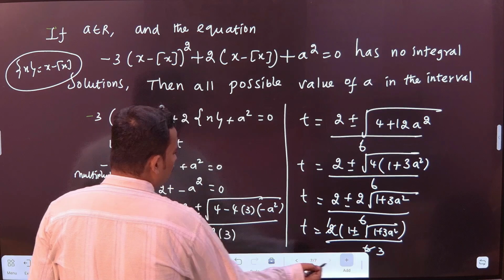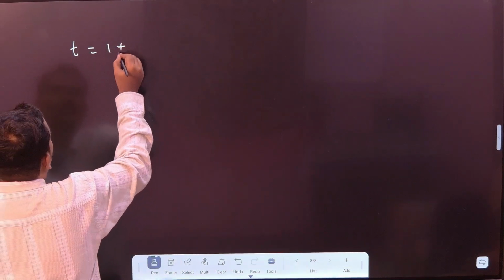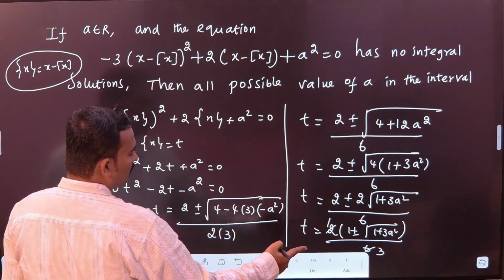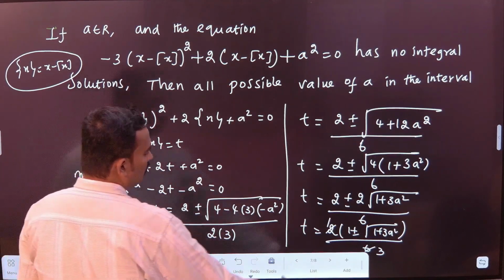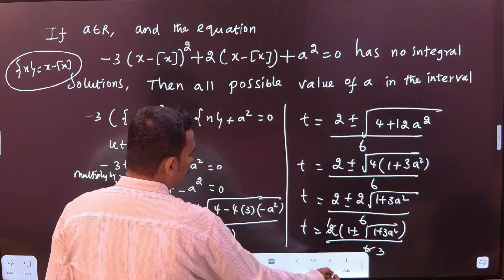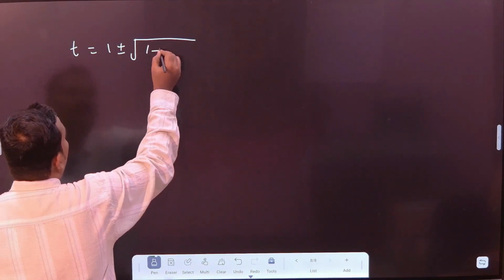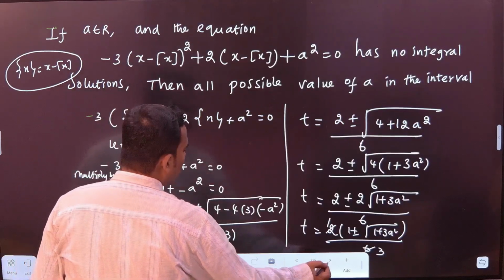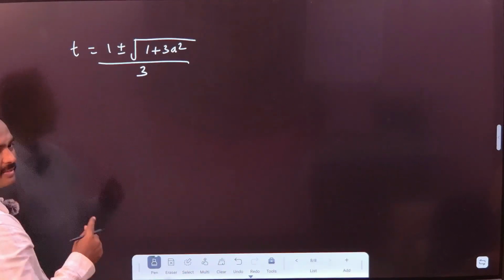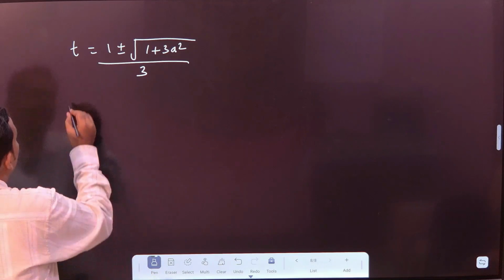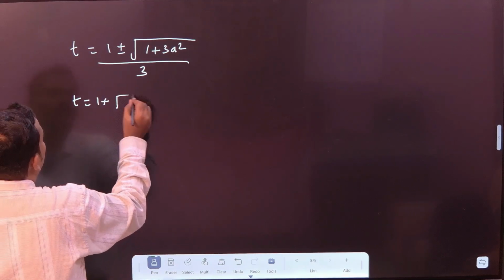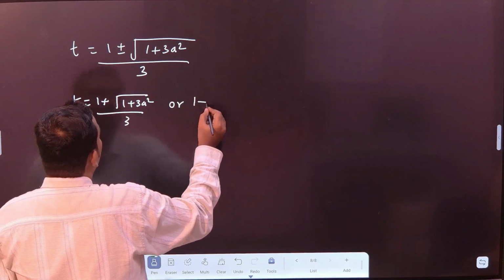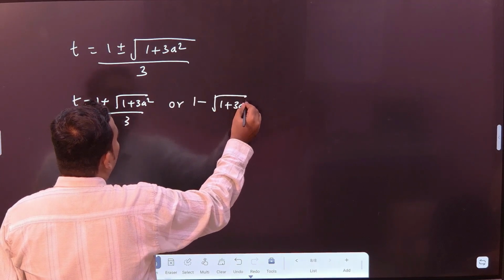So t is equal to 1 plus or minus square root of 1 plus 3a square, by the denominator is 3, right? But you can see there are two possibilities there. T here is 1 plus square root of 1 plus 3a square by 3, or 1 minus square root of 1 plus 3a square by 3.